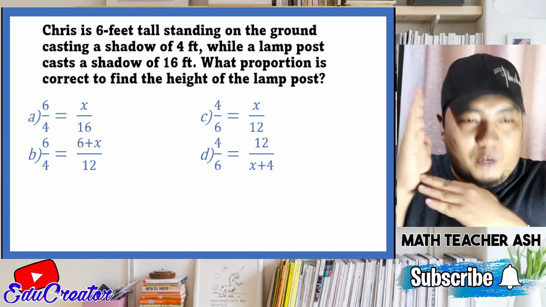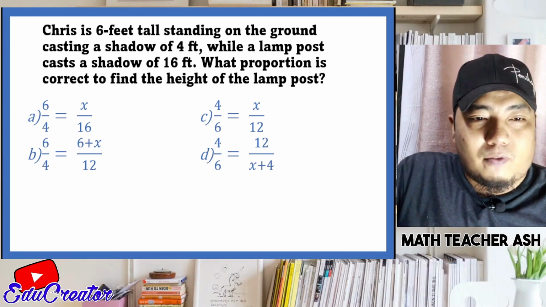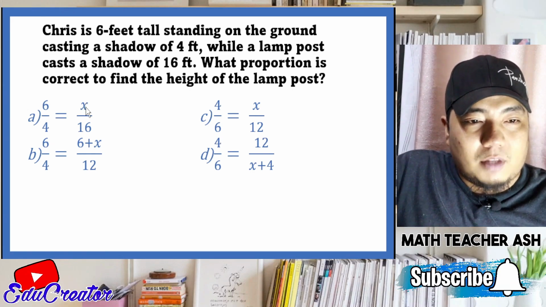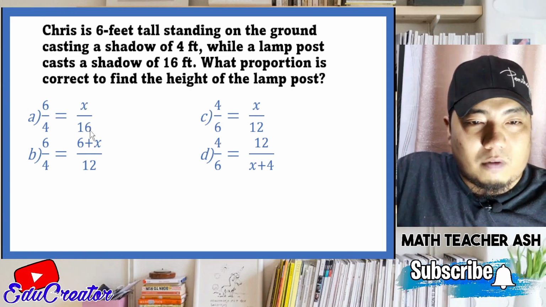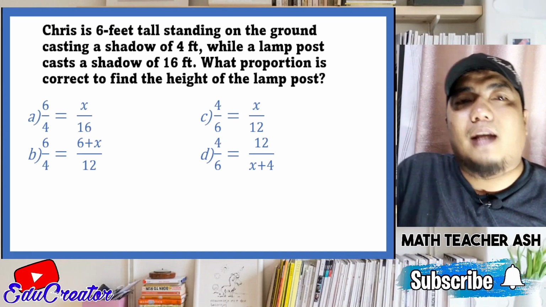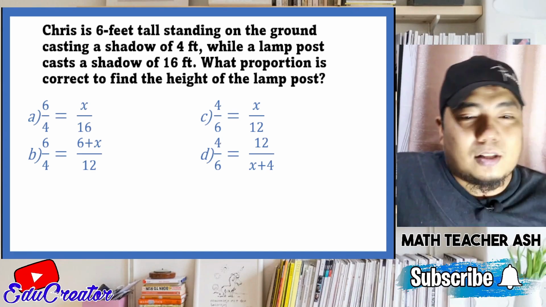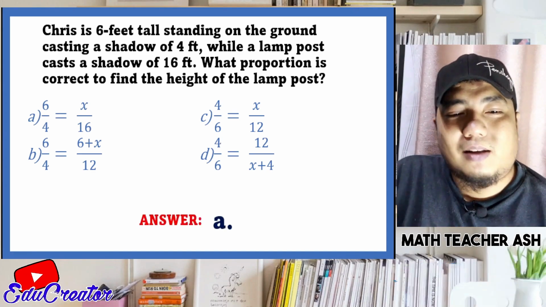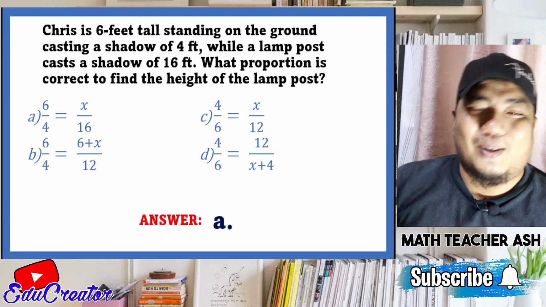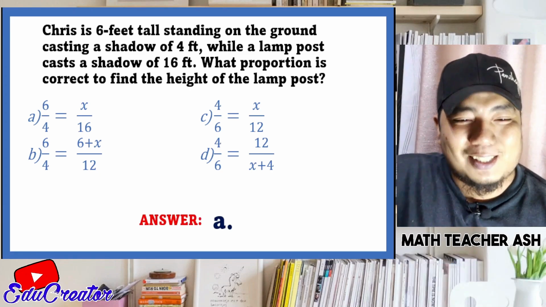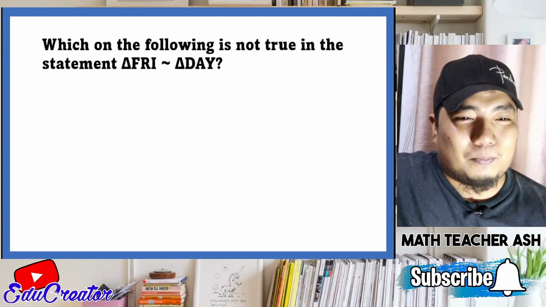So height over shadow. So for the next, it should be the height of the post and the shadow of the post, which is 16. We already got the correct answer, and that is letter A. Let's check whether we are correct. All right, my dear math learners, we are correct on this question. Now let us go to the next question.